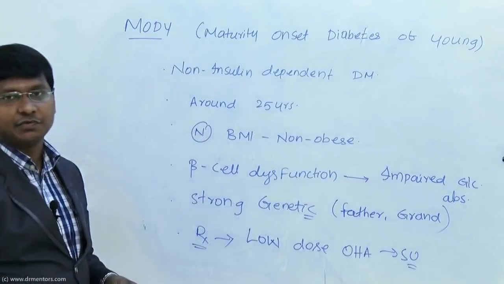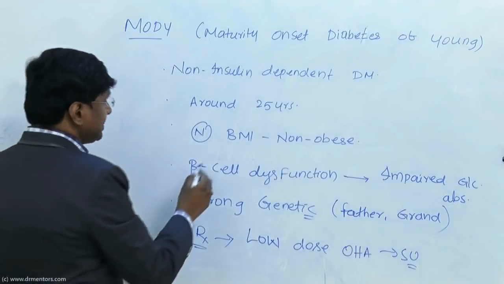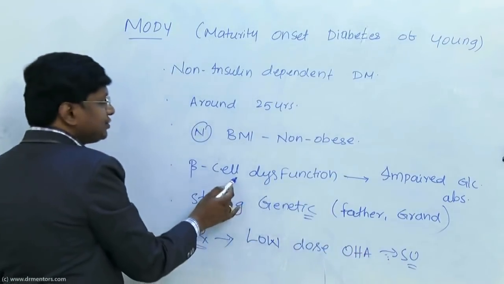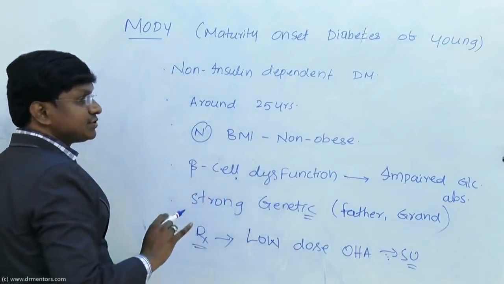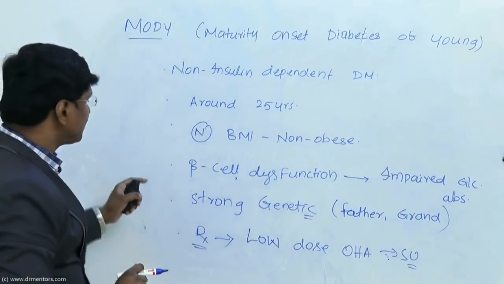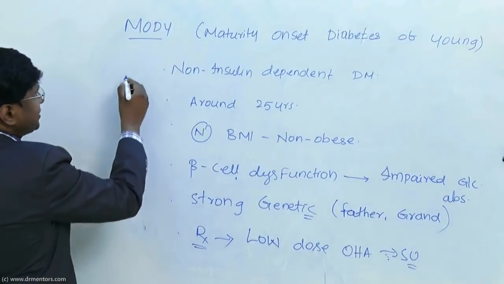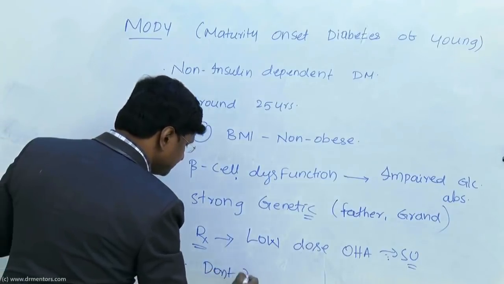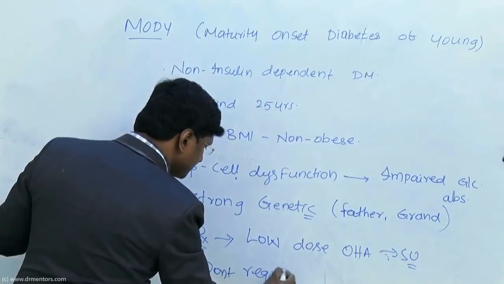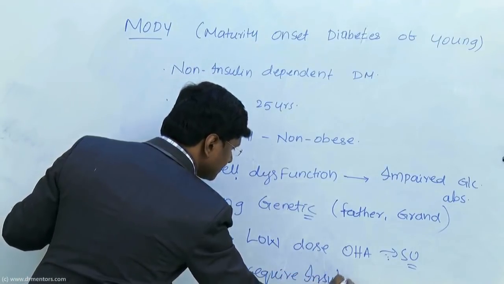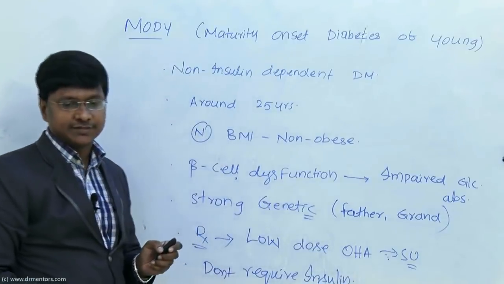When you give low dose sulfonylureas, they will stimulate the beta cells and they will produce insulin. It is only beta cell dysfunction, it is not beta cell destruction. So these patients with MODY don't require insulin.